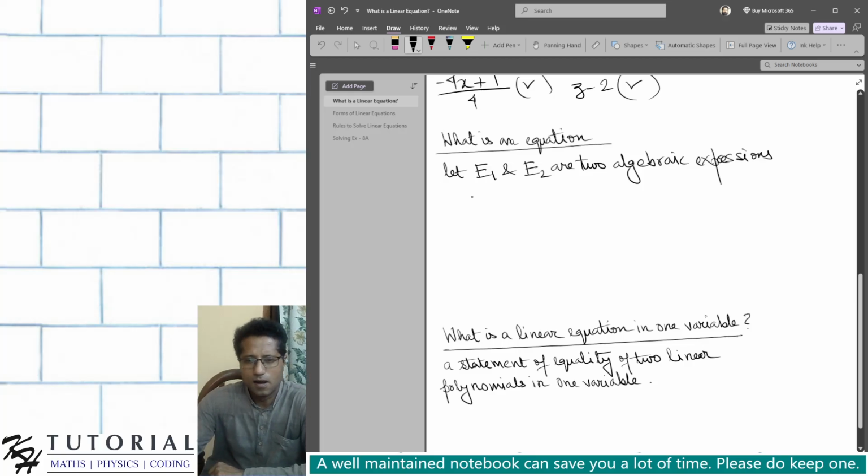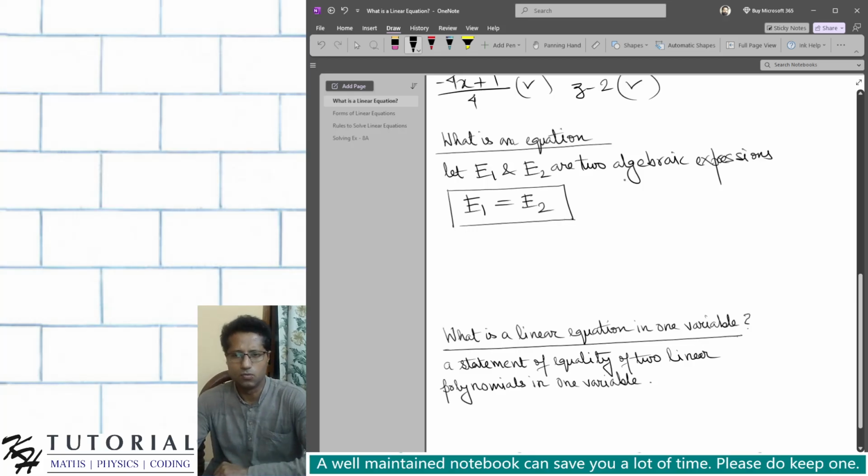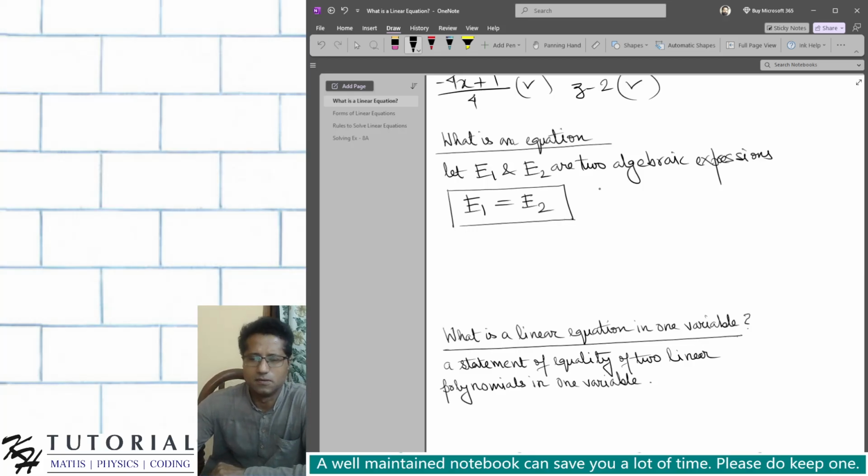Then a statement of equality is when you have the equality sign, and on the right hand side you have some algebraic expression, say E2, and on the left hand side you have another algebraic expression, say E1. Then this is an equation, and we say E1 equals E2, where E1 and E2 are some algebraic expressions.